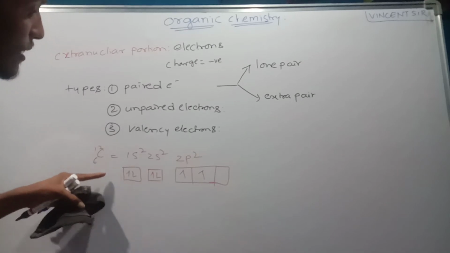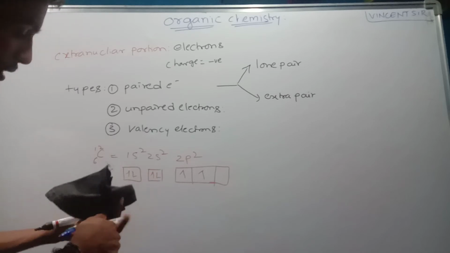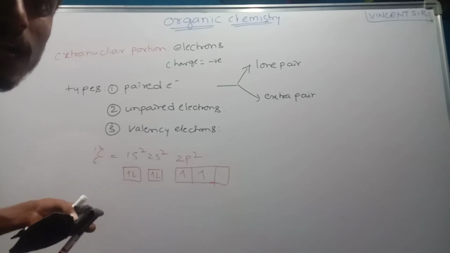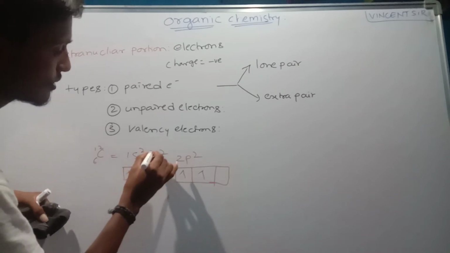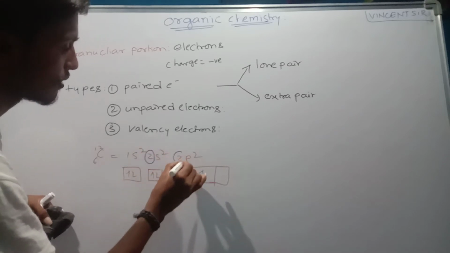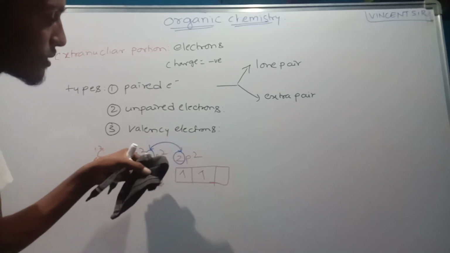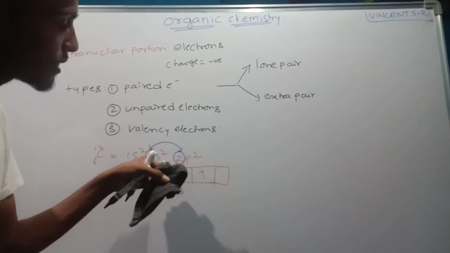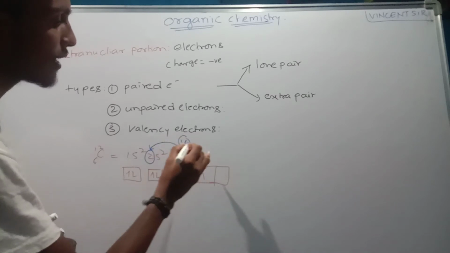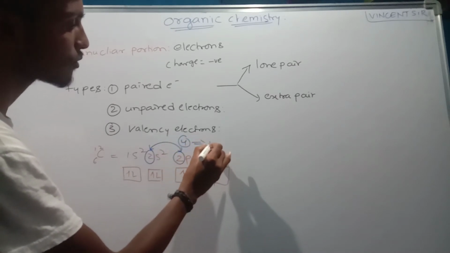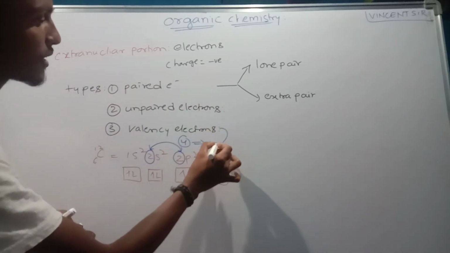Then what are valency electrons? The electrons which are present in the outermost shell of an atom. How many electrons are present in the outermost shell? It is 4. Then the valency electrons of carbon is 4. And these are the valence electrons.